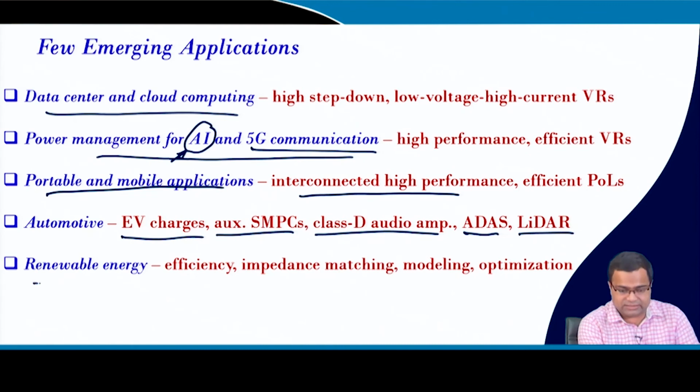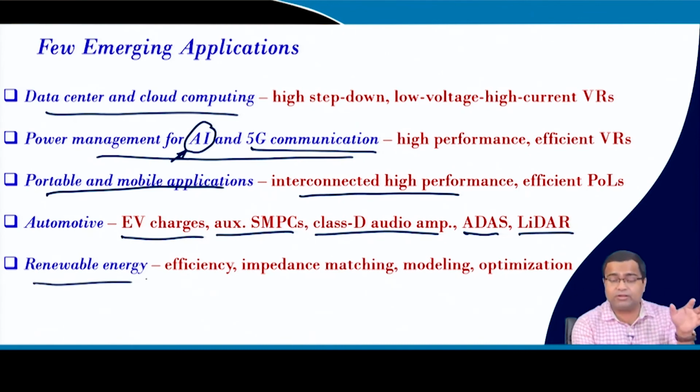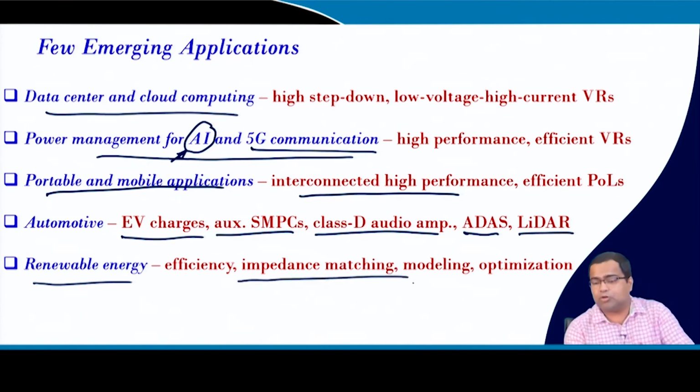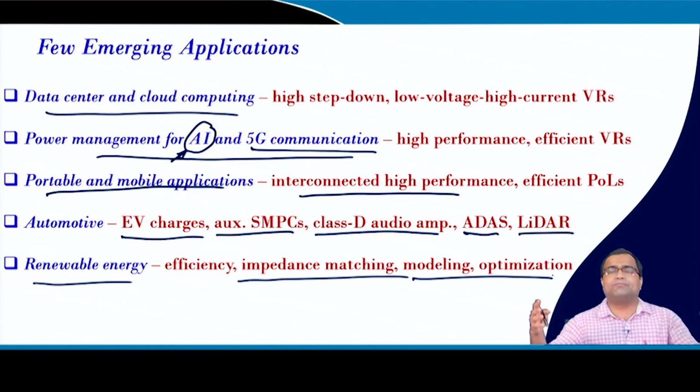Then renewable energy, where multiple solar energy sources are integrated, and a lot of research is going on, already happening, and a lot of technology has already been developed. So, we need to do impedance matching and model optimization. People are now going for MPC, model predictive control, where digital control can be very effective.